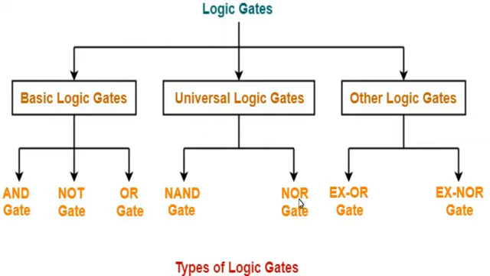Why are these 2 gates called universal logic gates? Because by using these 2 gates we can construct any gate. And the other logic gates are the exclusive OR gate, in short XOR gate, and the exclusive NOR gate. Okay. Now let us see all these gates in detail.